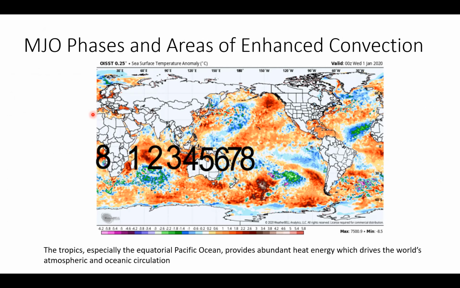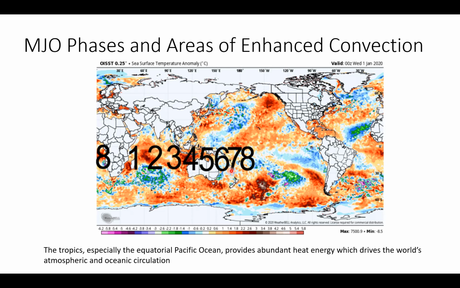Looking at the Madden-Julian oscillation phases, this is just a review of where the enhanced convection is generally occurring, whether we're talking about MJO phase 1 all the way to MJO phase 8. For example, if we had enhanced convection or rainfall patterns in phase 1, that would be off the coast of Madagascar. If we were in MJO phases 2 and 3, we would see that convection and the enhanced rainfall across the Indian Ocean. Phases 4 and 5 of the MJO correspond to the maritime continent and increased convection at that location.